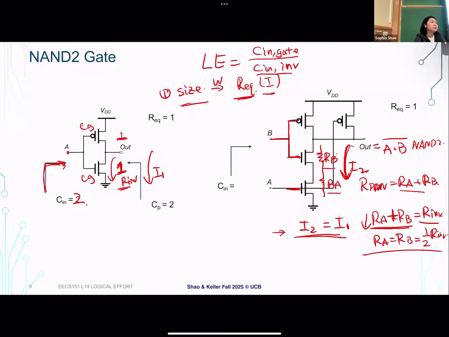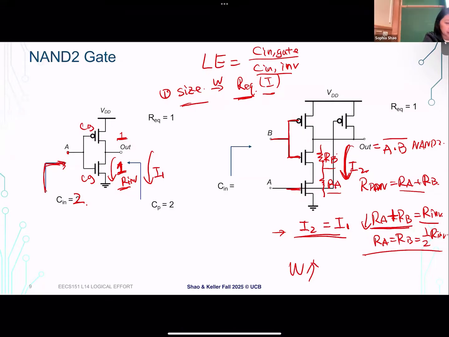So we want the resistance of each transistor to be half of the original resistance. To have the resistance be smaller, does it mean my transistor is wider or narrower? Wider, right? The W controls the cross section.